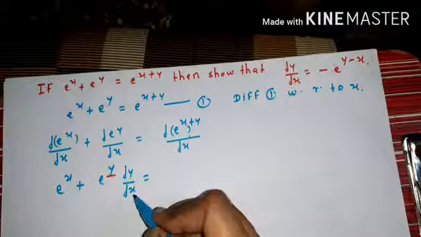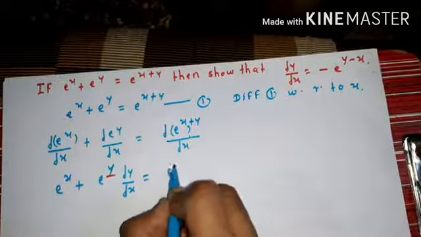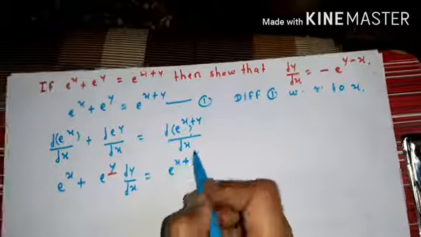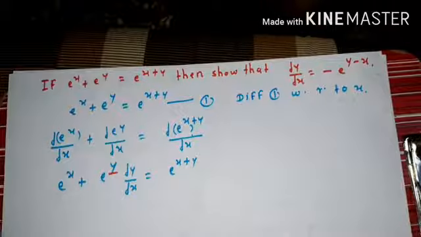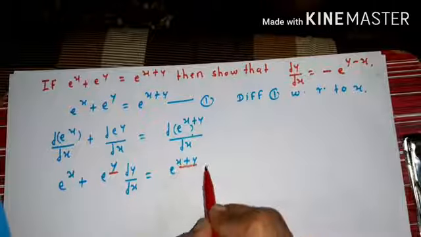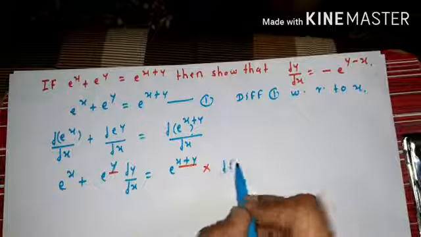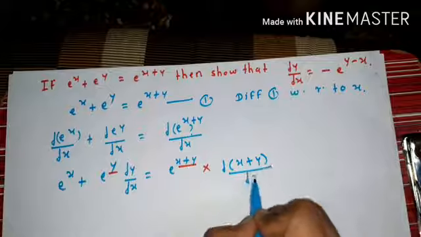step every time. Now differentiation of e raised to x plus y is e raised to x plus y. According to the exponential rule, we have differentiated here, but this x plus y is again a differentiable function, and that's why into differentiation of x plus y with respect to x.